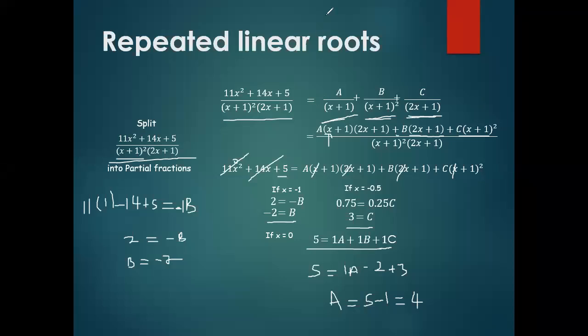Sir, please. When we are expanding the a over x plus 1 plus b over x plus 1 squared, the question says 11x squared plus 14x plus 5 all over x plus 1 squared. When we are expanding x plus 1 squared, it means we should write the same factor 2 times.